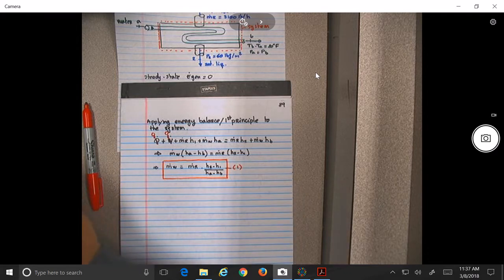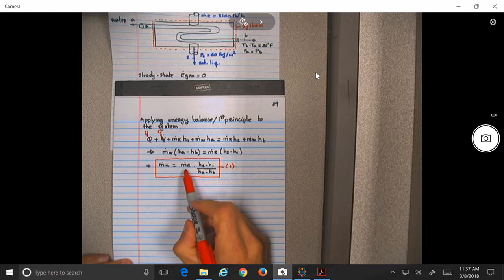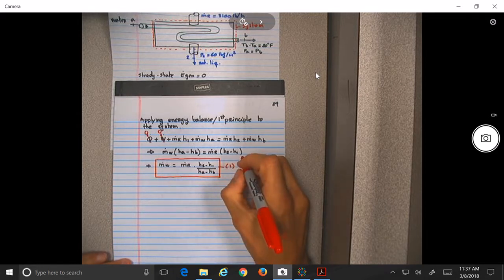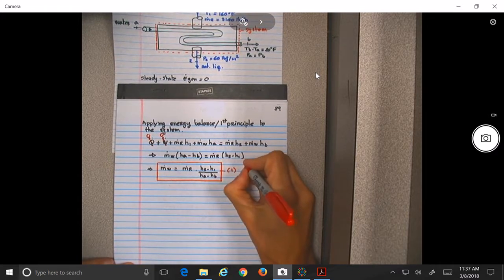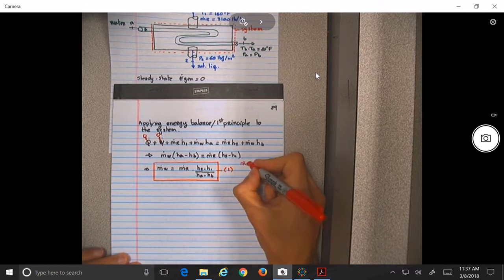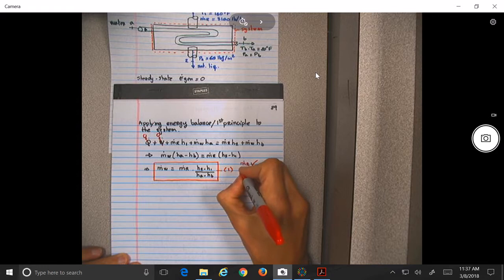All right, so now what I'm thinking in my head as I'm solving this problem: do we know M sub R? MR is given to us, yes. You don't need to write it down, but in my head, this is what I'm doing when solving this problem. MR, we know. Can we know H1?